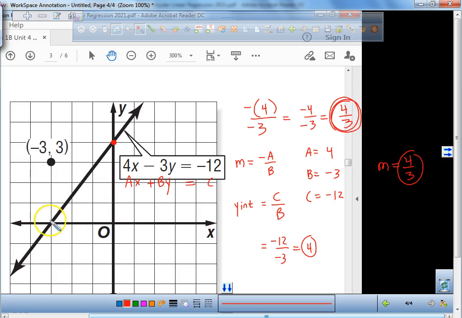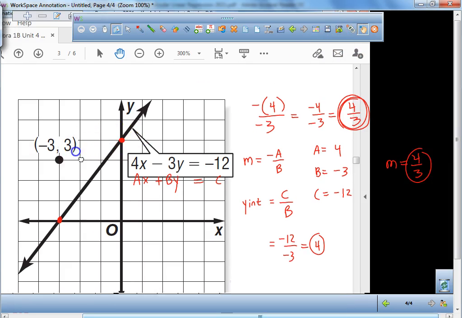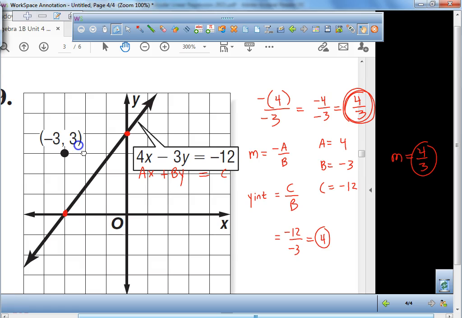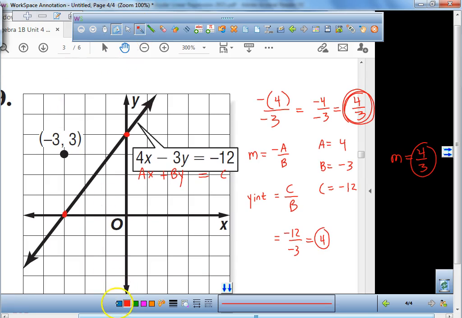Now you can kind of see it from right here. Like here's the x-intercept. It goes up 4 and over 3. So what will the slope of my new line have to be? The slope of this line, the new line, what does the slope have to be? 4 over 3.